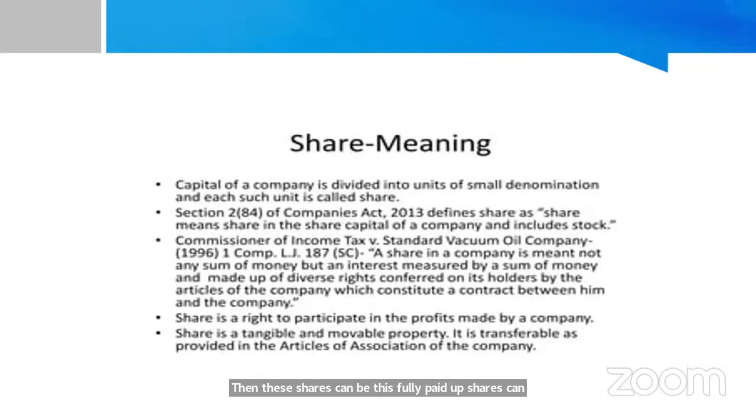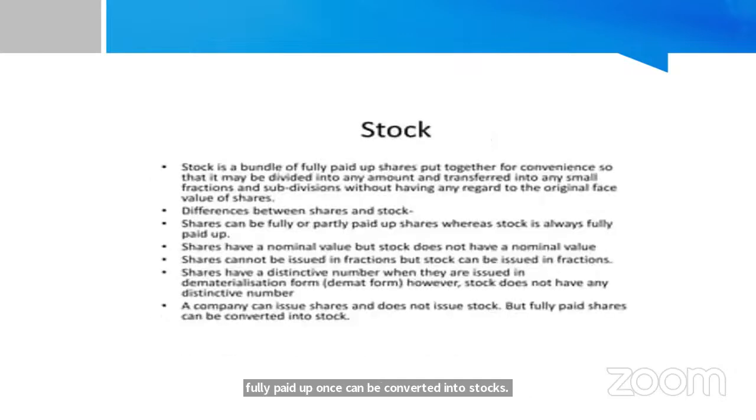But stock is never issued originally to the shareholders. It is always the shares that are issued, and later on only fully paid up ones can be converted into stocks. Okay. So that is the meaning of stocks here.